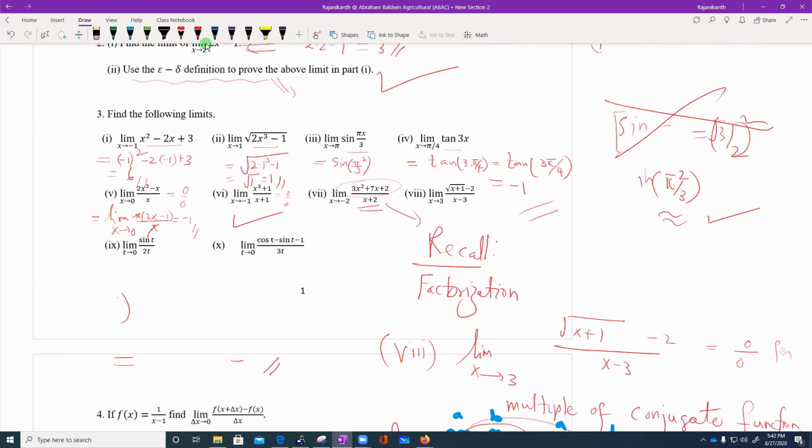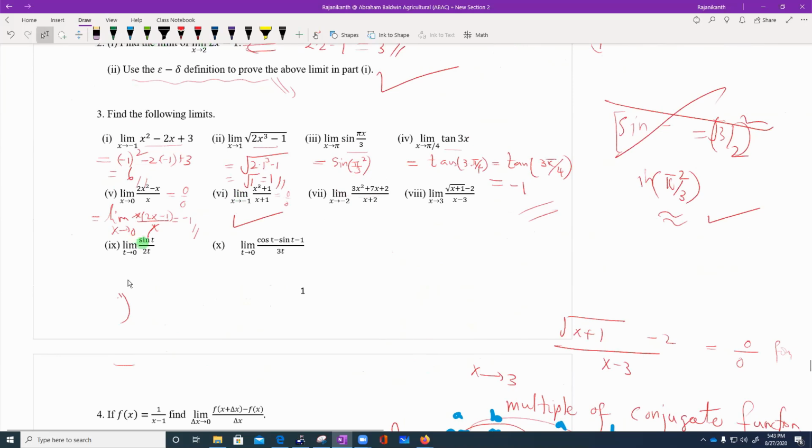Let me clear this. Okay, I need the space under this problem. So recall 1.3. From 1.3, do you remember we have trigonometric limits there in your notes?